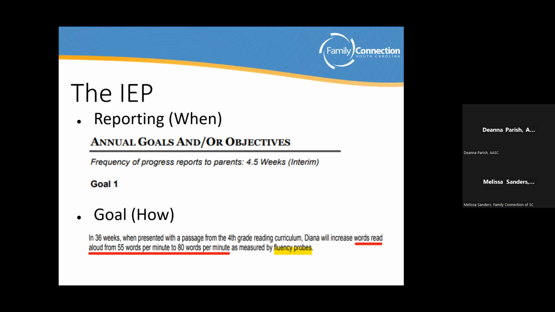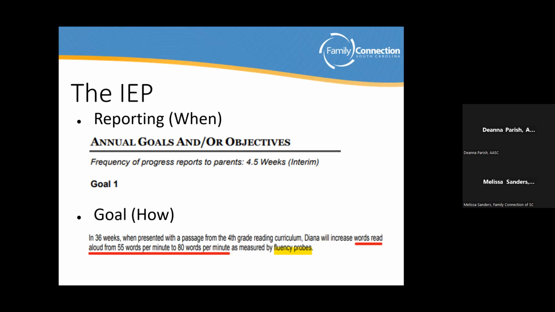So just to have an example of progress monitoring and how you may use progress monitoring to develop a goal, I included a made-up IEP goal about a student who was working on reading at a 4th grade level, and the goal is to go from 55 words per minute to 80 words per minute, as measured by fluency probes.